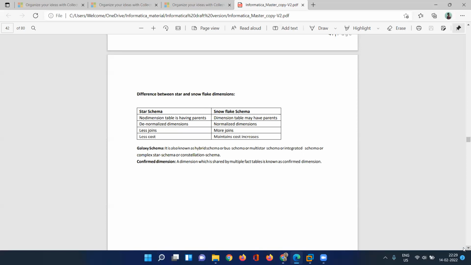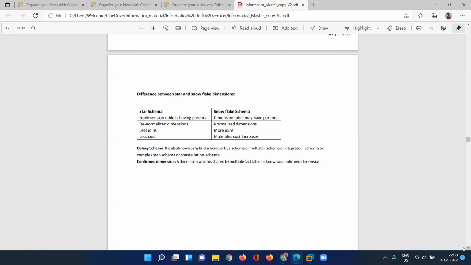In star schema, we have denormalized data, whereas snowflake schema contains normalized data only. At the star schema level, we are not seeing many joins, and it is very low in cost to design. Whereas our snowflake schema has more joins, and the maintenance is also very high.